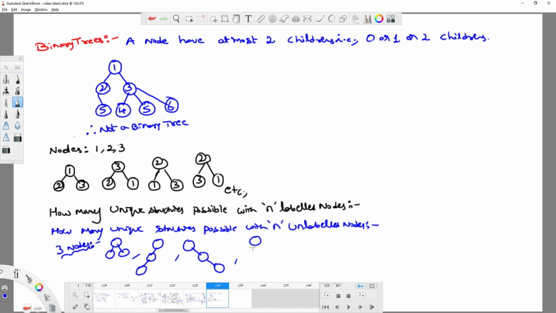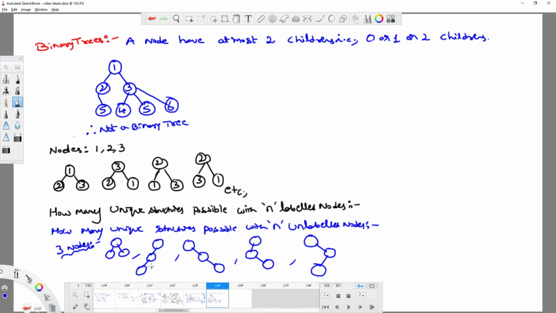Observe this structure, think about it. First node to its left side, then for that right. Similarly, can I have something like this? Right side, left side. Any other structures again? Those should be unique, right? It should not be the same as any among these 5 structures.